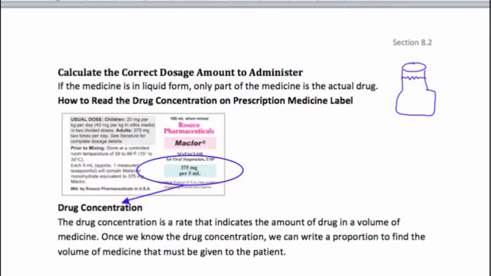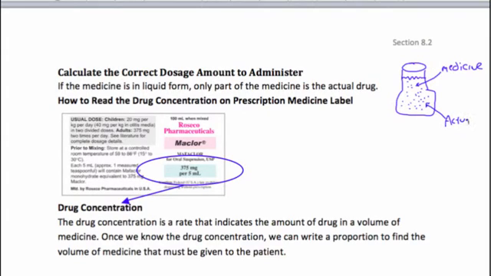This whole thing is our medicine, right? But not all of that medicine is actual drug. What they do is suspend the drug inside of this liquid. Let's say these little dots represent the drug. This is the actual drug that's in the medicine. That's how they write prescriptions.